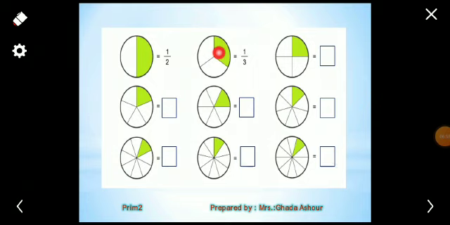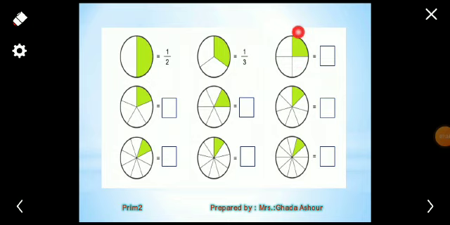Here I have just one part colored. And in the down part, what do we write? The whole parts, all the parts. Here I have it divided into 3 equal parts, so here we write 3. So it's 1 over 3. Do you know what 1 over 3 means? 1 represents the fraction and 3 represents all parts. It means 1 from 3. I took only 1 from 3 parts. Okay? 1 from 3.